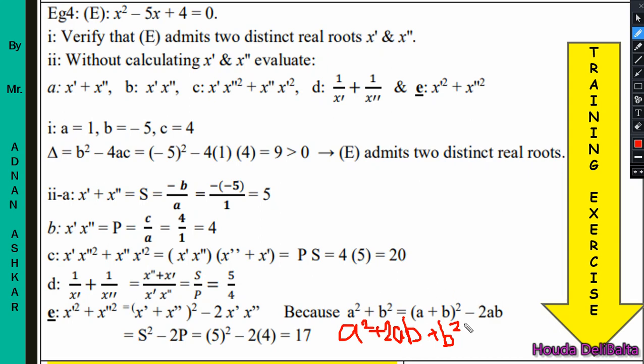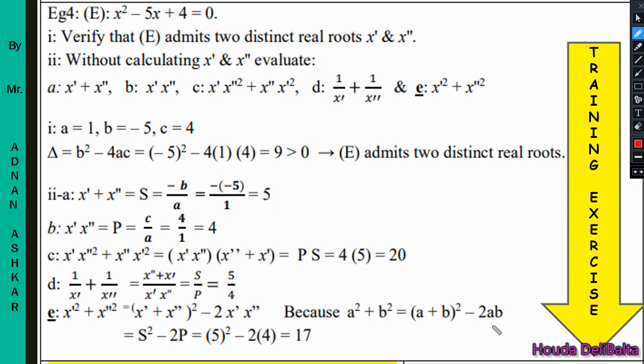So a plus b all of it squared is equal to a squared plus 2ab plus b squared. Then a squared plus b squared alone is by taking 2ab to the other side. So a squared plus b squared is equal to a plus b squared minus 2ab. And you can use this as a formula. Okay? So a squared plus b squared is a plus b, all of it squared, minus 2ab.